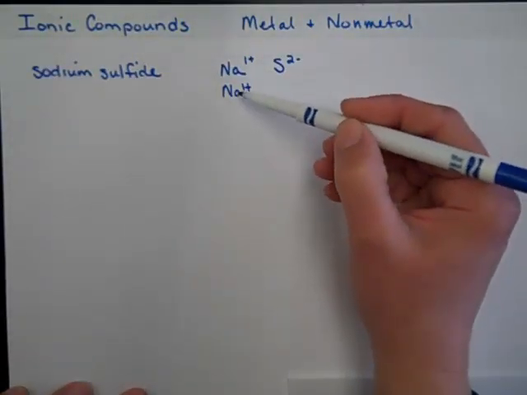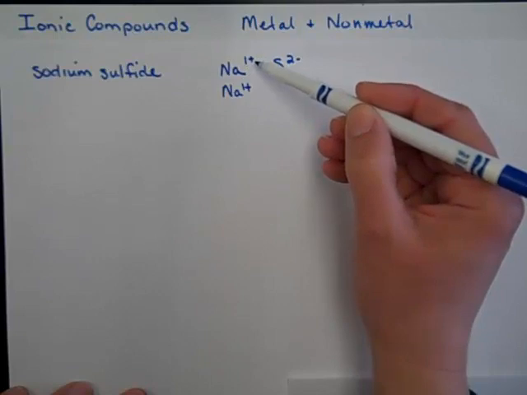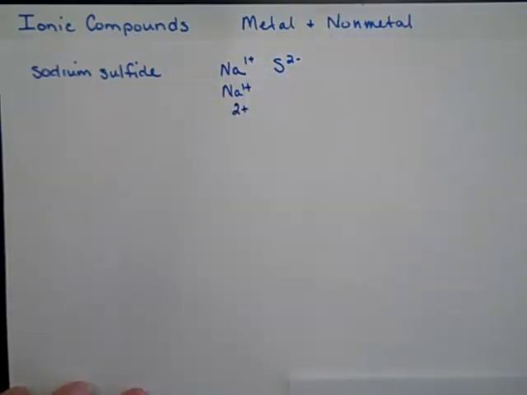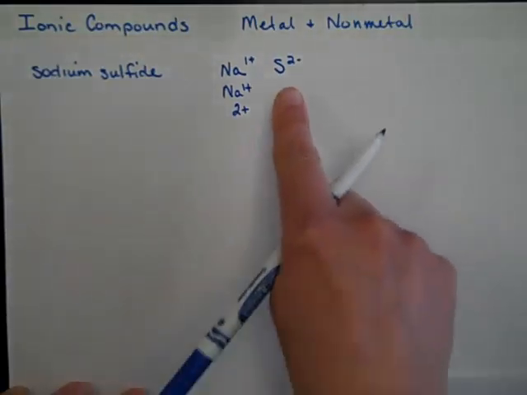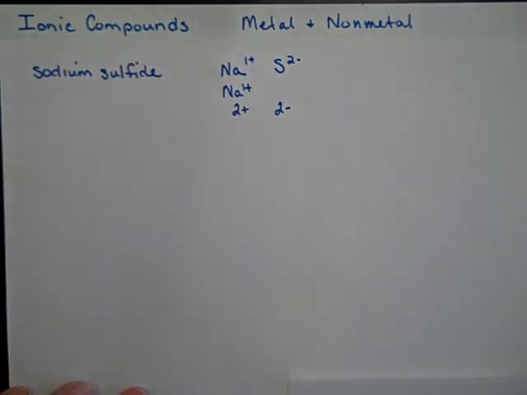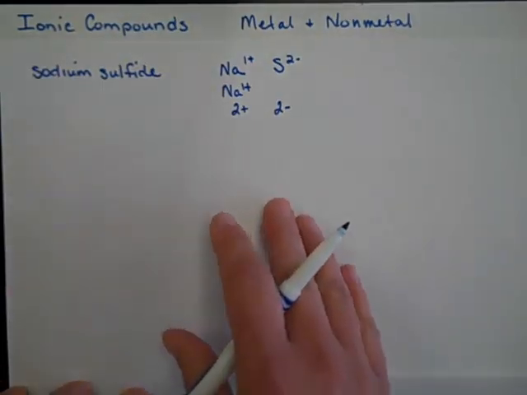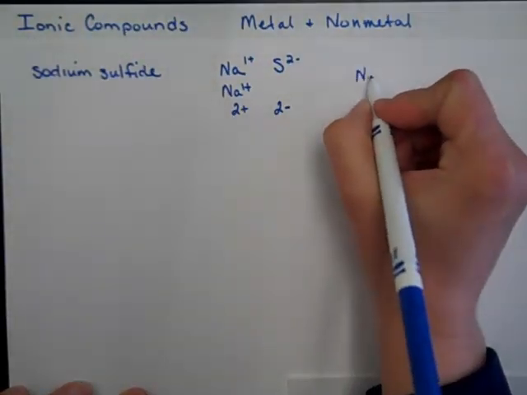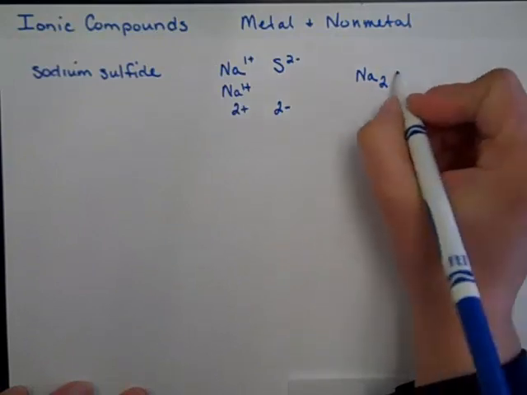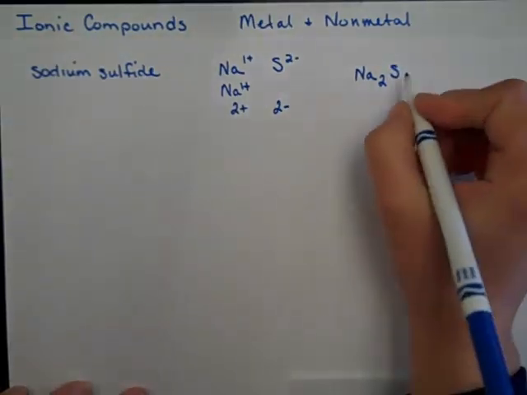If we have 2 sodium ions, we have 1 positive on each one of them, so we would have a total of a 2 positive charge. And that would balance out with our 1 sulfur with our 2 negative charge. So to write this formula, in order to balance it, we would need 2 sodiums and 1 sulfur.